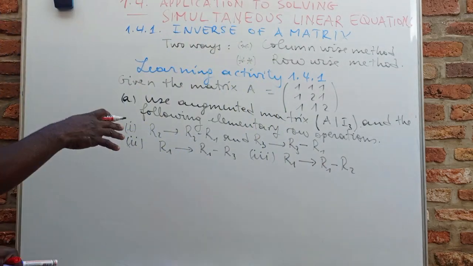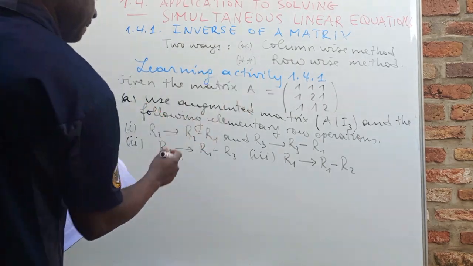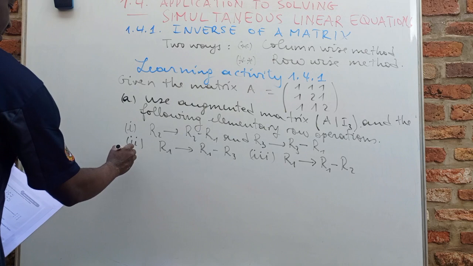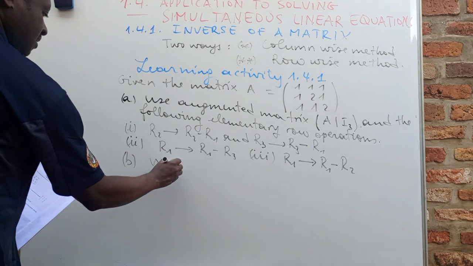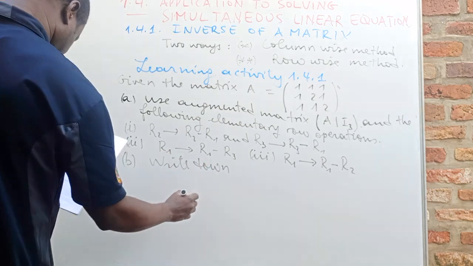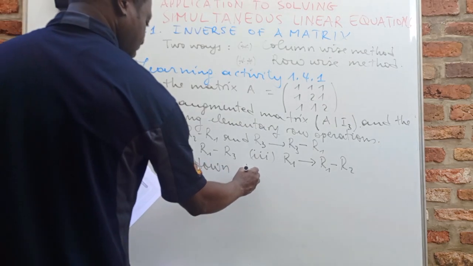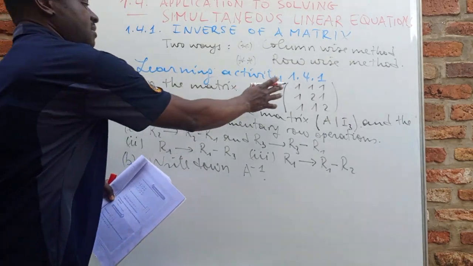So if you want to obtain the inverse of this matrix, for B we write down A inverse, which is this one.